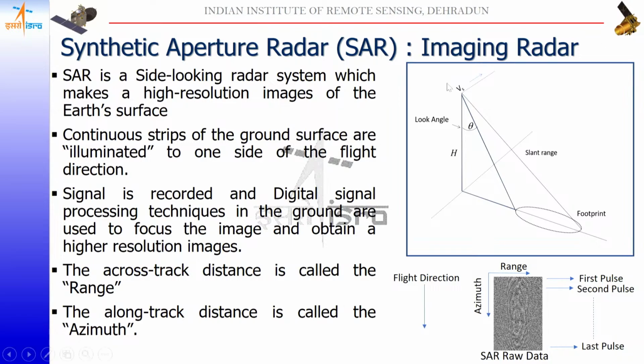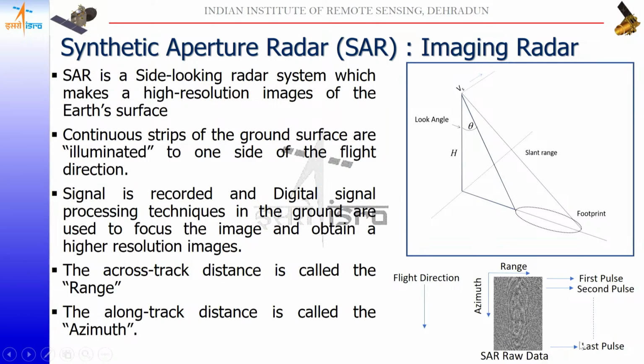So it will just be moving in this direction. This is called the flight direction, and it is sending some pulses and receiving some pulses. So those recorded pulses are written in a line by line manner. So in this way the data is gathered. You can see in this image, this is called the SAR raw data.